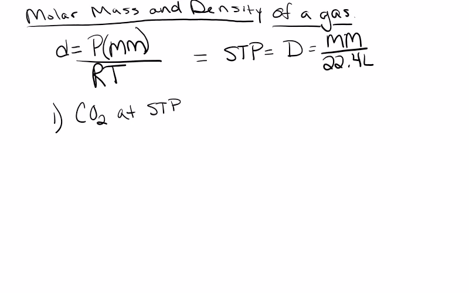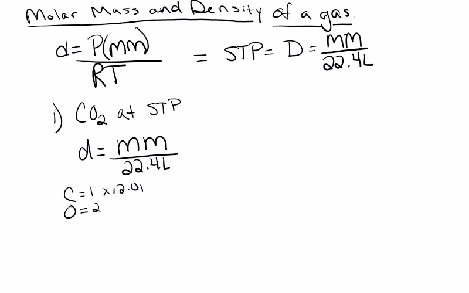Okay, so again, to calculate density, we are going to need to know the molar mass of carbon dioxide, and we're going to divide that by our 22.4 liters. And so we find the molar mass of carbon dioxide. Of course, carbon, there's one of those, oxygen 2. We multiply it by their masses from the periodic table. And we add those together, and we get a total of 44.01 for our mass.